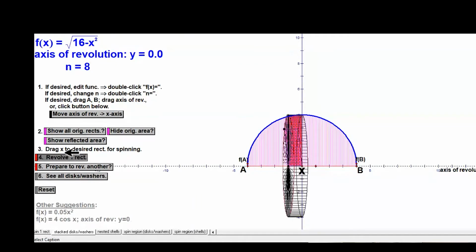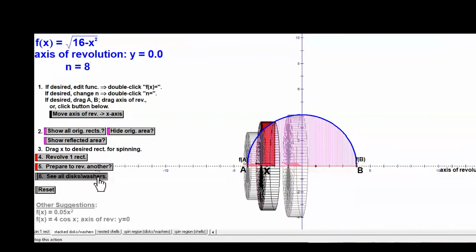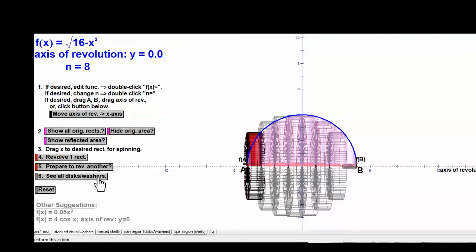Then it gives you this stuff, right? And then if you put them together, these things kind of look like a wedding cake, but it approximates the volume of this sphere. You with me? Okay, that's what we're doing.